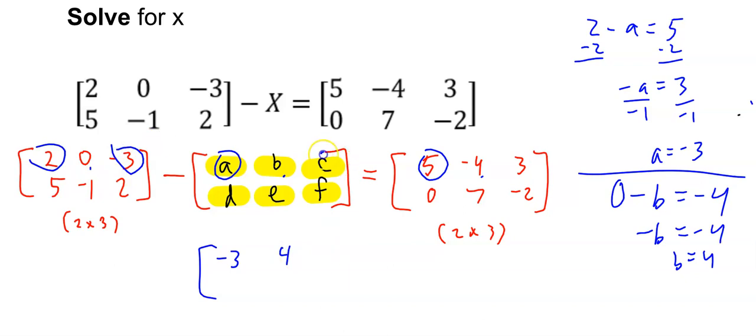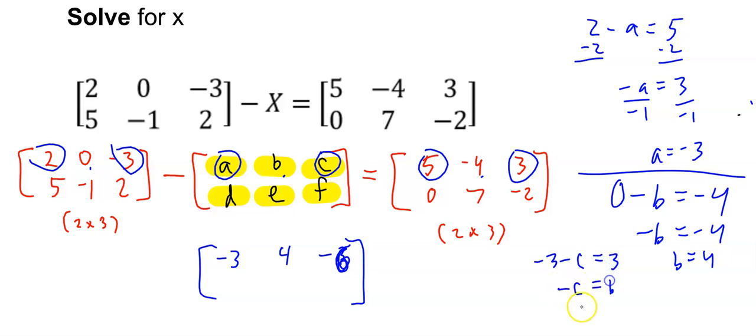So -3 minus C is 3. -3 minus... -6, right? Yeah, if we do it in our heads we would mess up. Let's just double check that one. So it'd be -3 minus C equals 3. So negative C equals 6. So C equals -6. Yeah, so that is right, -6.